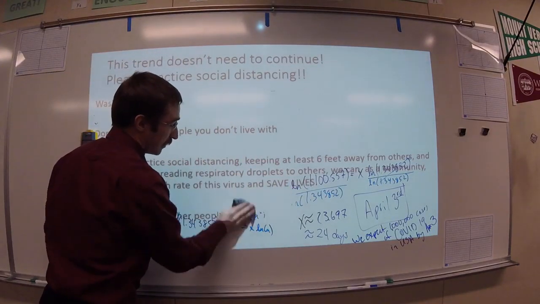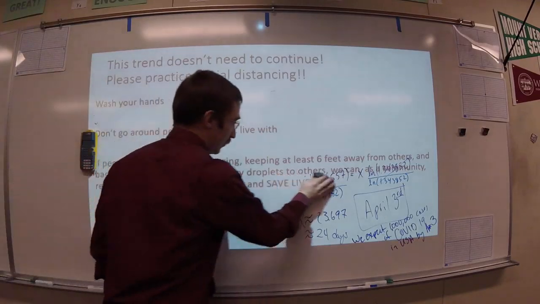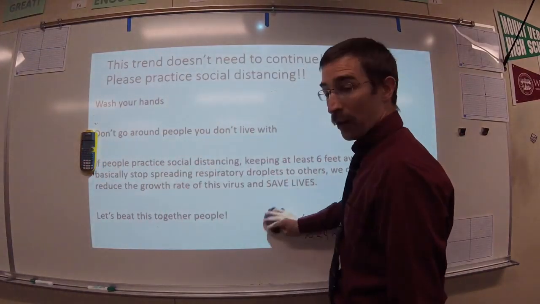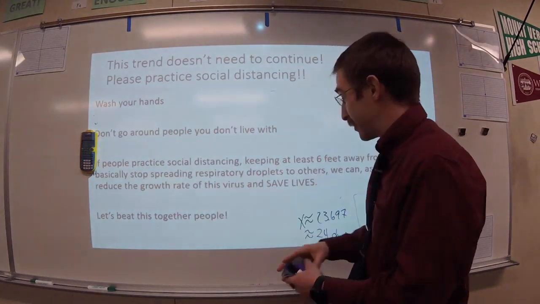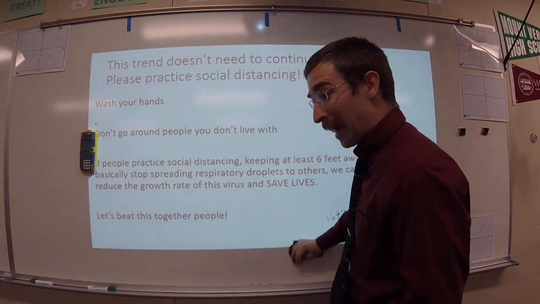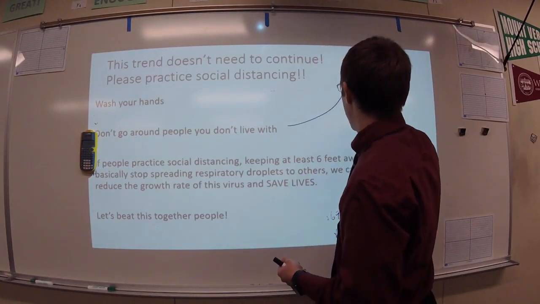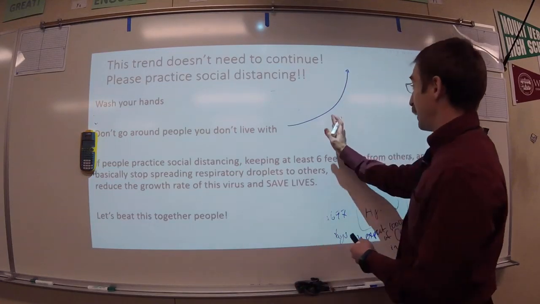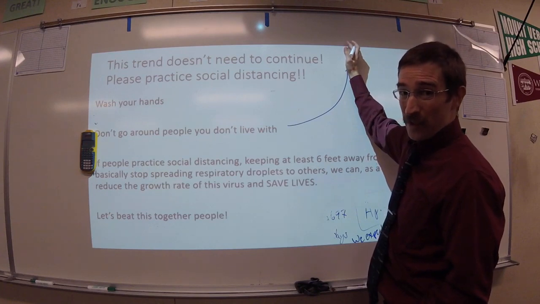If we can curb this growth rate and basically stop spreading our respiratory droplets to others, because that's how this virus gets transferred, right? We can kind of flatten this curve, and that's what everybody's talking about when they say flatten the curve. I don't know if you noticed, but these graphs were looking like this. And if we continue, it gets really, really steep, and the numbers get really scary.